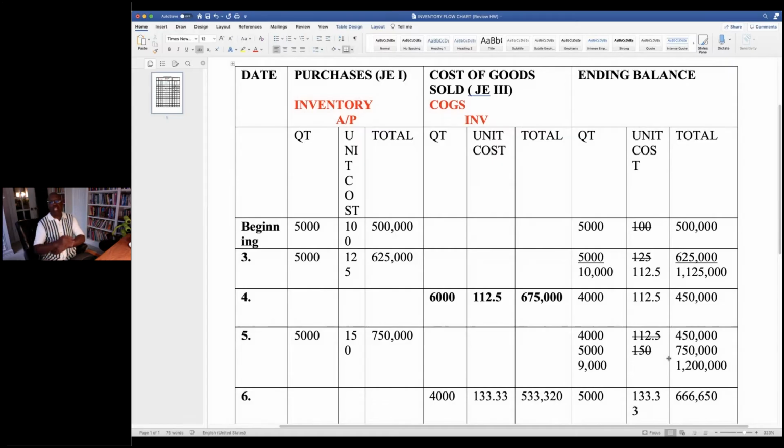Or divide 9 into 1,200, Buford. You said divide 9 into 1,200? Yeah, you get the same thing.